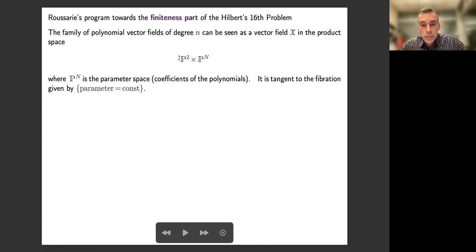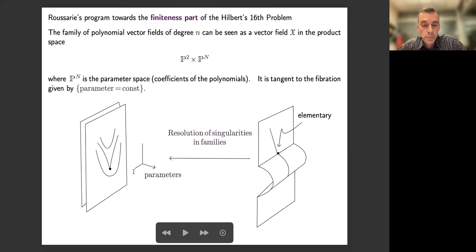Well, this vector field on this product space has the nice property that it's not arbitrary, because it has to be tangent to the fibration given by parameter equals constant, right? So imagine that you have this family here, this fibration given by the planes parameter equals constant, and on each one of these planes you have a foliation.